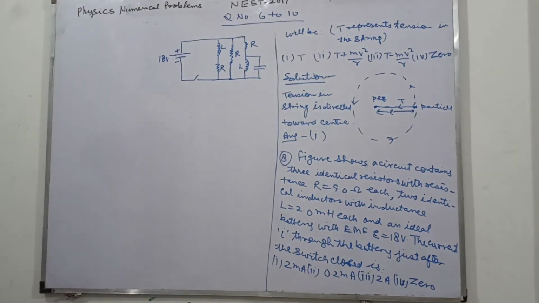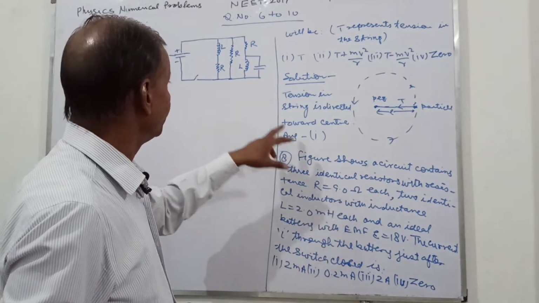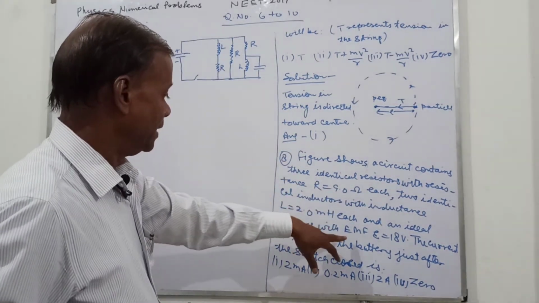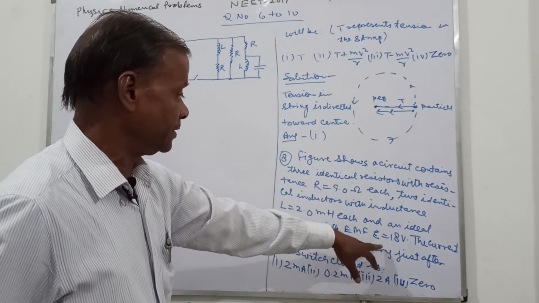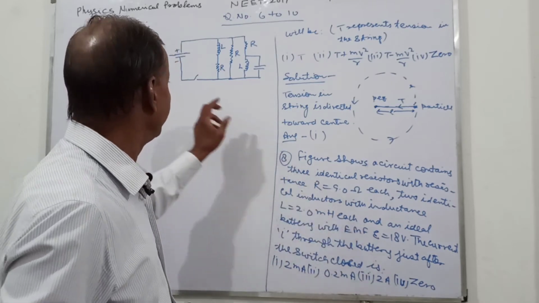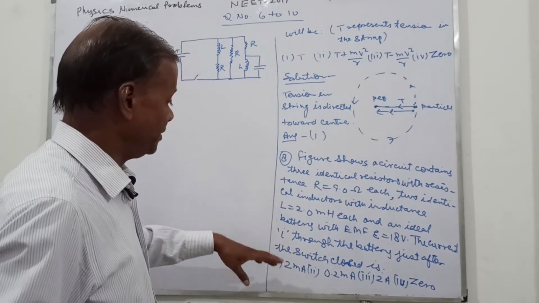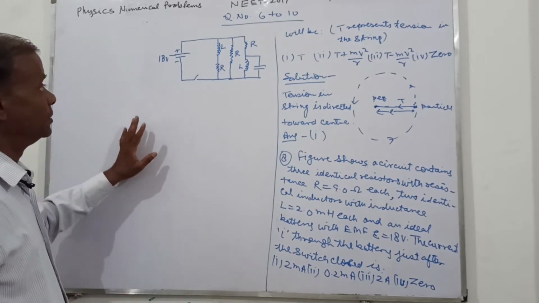Now see what is given in the question. R is given to each of 9 ohm, and the inductance is given 2.0 millihenry. EMF of this cell is 18 volt. Now we have to find the current. What's the current?